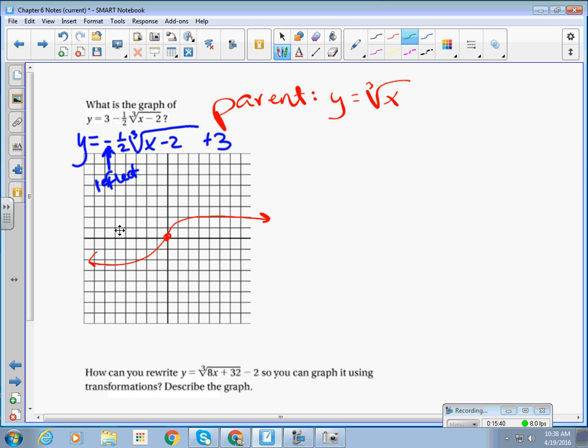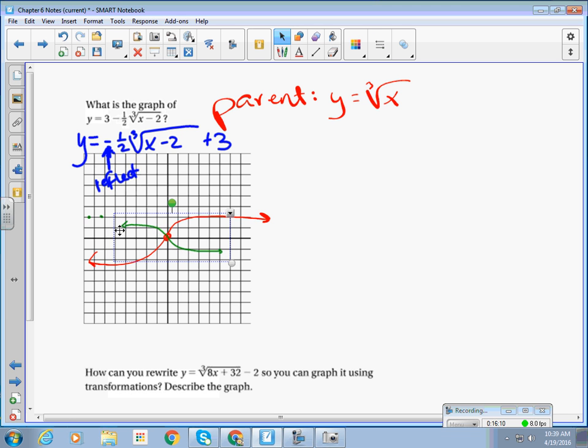Okay, so let's reflect it first. So reflection looks like this. Then we're going to compress this down, see if I can do it here, and make it flatter.